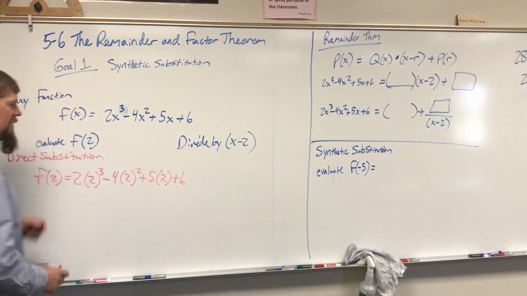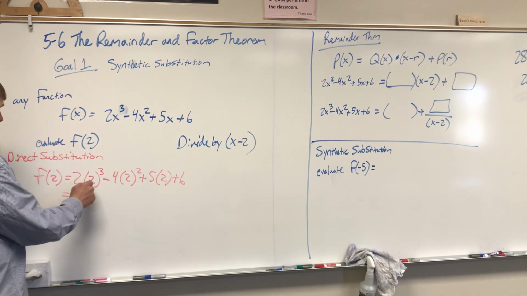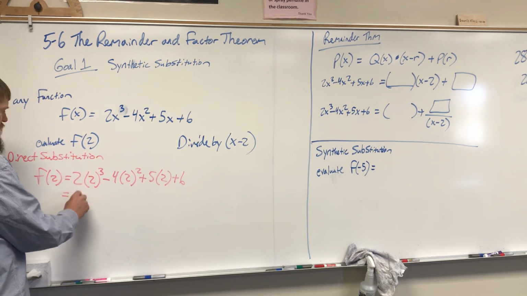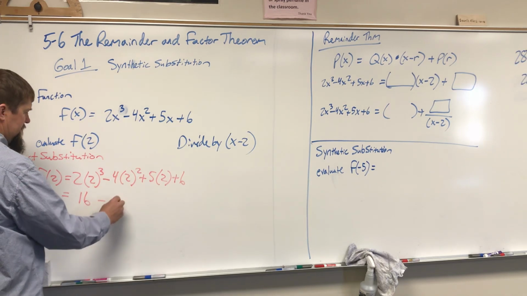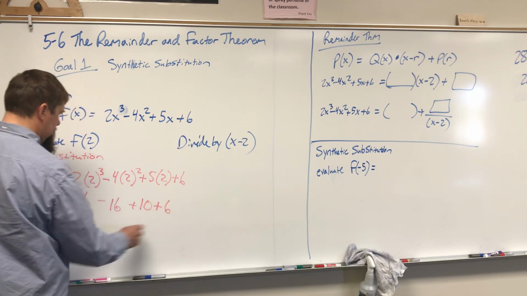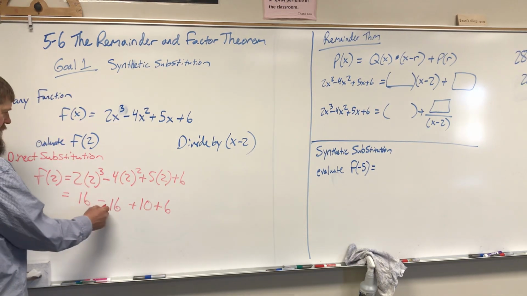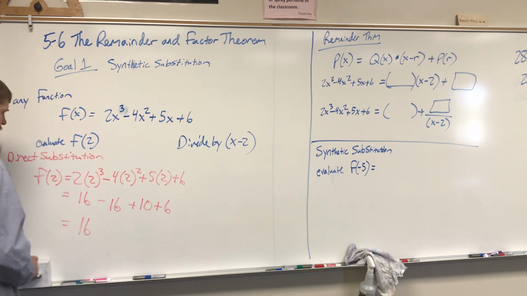We plug them in directly. That's why it's called direct substitution. And then we use the order of operations to evaluate. So 2 cubed is 8, 8 times 2 is 16, 2 squared is 4, 4 times 4 is 16, plus 10 plus 6. So 16 minus 16 is 0 plus 16, so my evaluated answer is 16. So f of 2 equals 16.